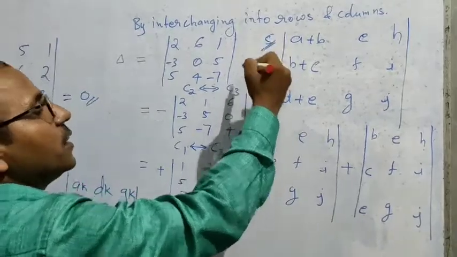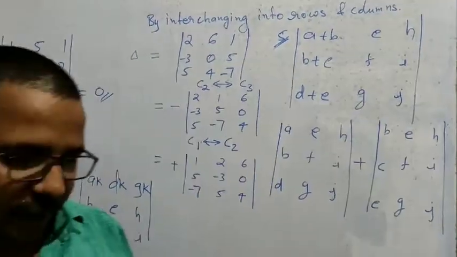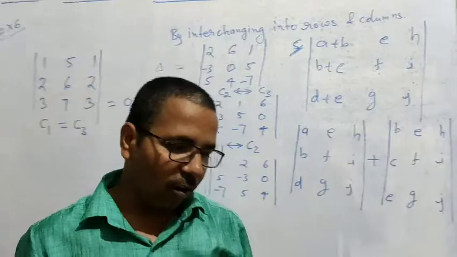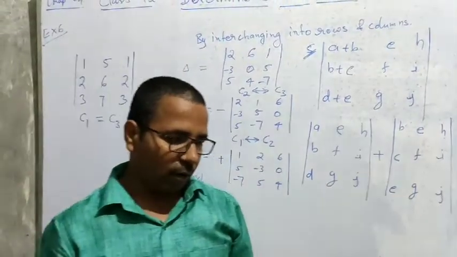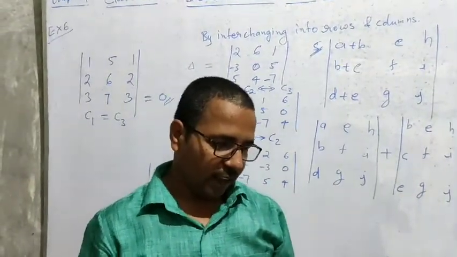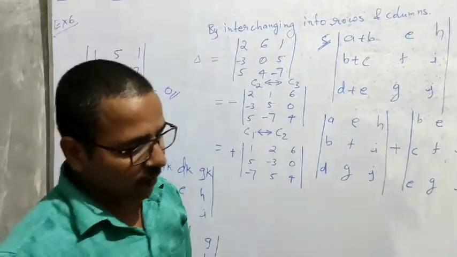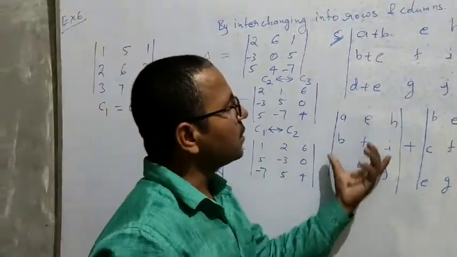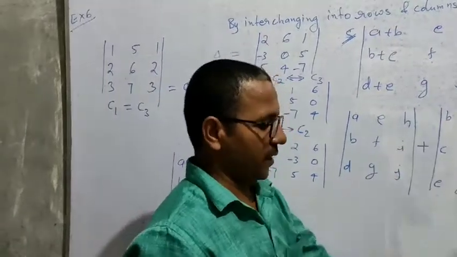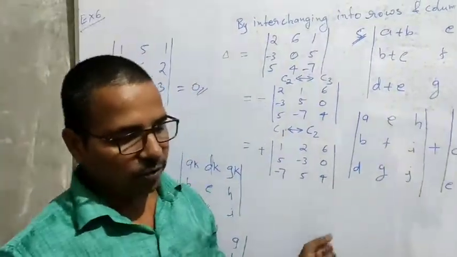It tells us that if the elements of a row or column of a determinant are expressed as a sum of two or more terms, then the determinant can be expressed as the sum of two or more determinants. I hope you have understood this one.